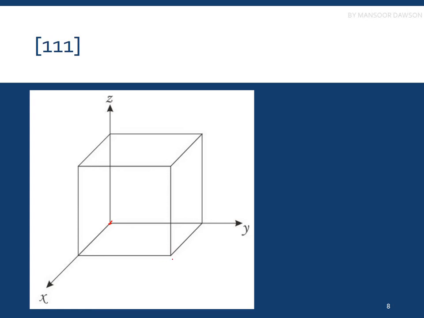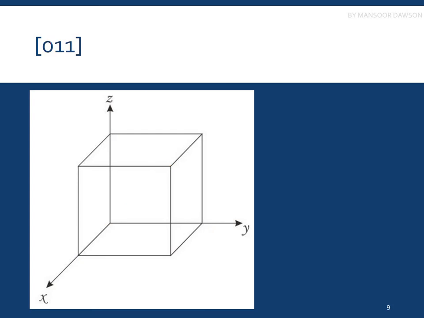So this is 1 towards y from x, and 1 towards z from xy. So this is 1 towards z from xy. So this is our endpoint. So from the origin, this endpoint is our 1 1 1 point. So in this we have x as 1, y is 1, and z is 1.